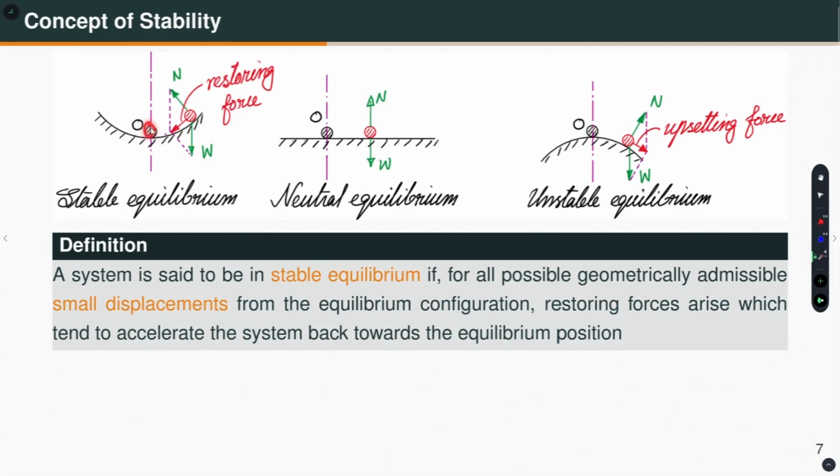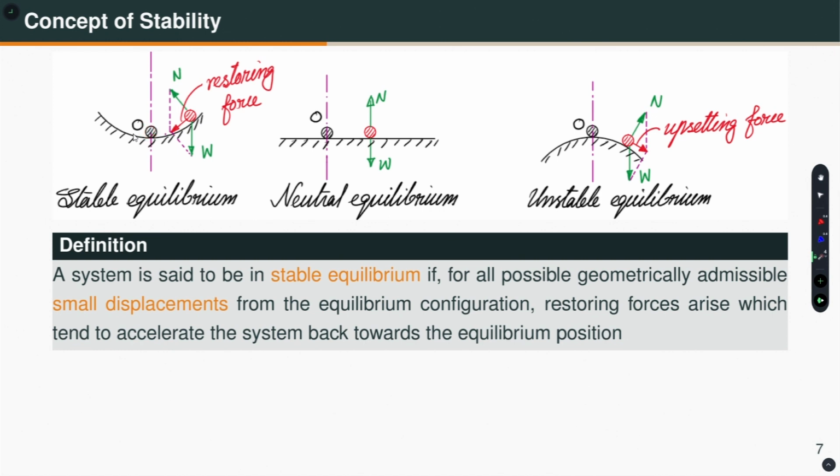Because when you move it to here, at this position the weight is acting downward, and this is the normal reaction N, normal to the tangent here, right. Now, the resultant of the two is the driving force, which drives the ball back to the static equilibrium position. So, eventually it may oscillate and then come back to the original position.